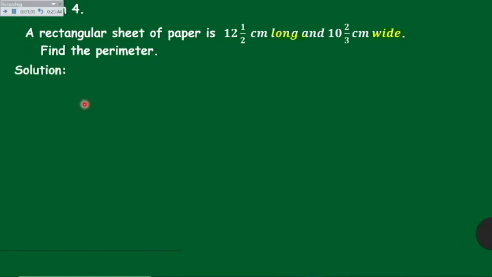Now see the solution. First of all, you should know what the perimeter of a rectangle is. The perimeter of a rectangle is equal to 2 multiplied by length plus breadth. Am I correct? You have studied this in class 6th. So length equals 12 whole 1 by 2 centimeter, breadth equals 10 whole 2 by 3 centimeter.